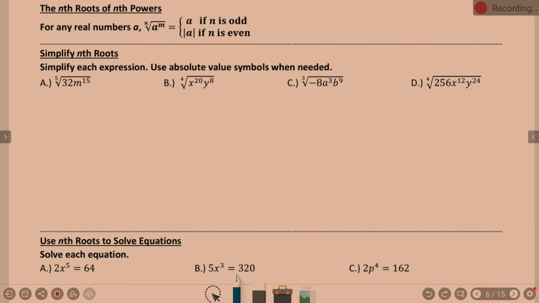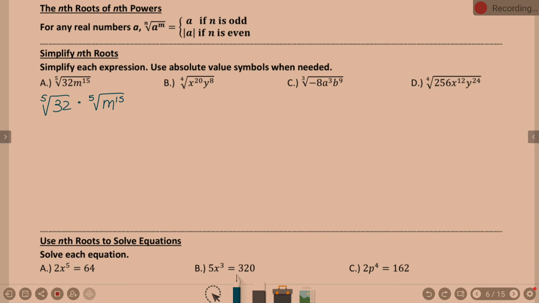Simplify each expression, use absolute value bars when necessary. Think about this as two pieces. Think about this as the fifth root of 32 times the fifth root of m to the 15th. Okay. Can you do the fifth root of 32? I think we've already done it a couple of times today, haven't we?